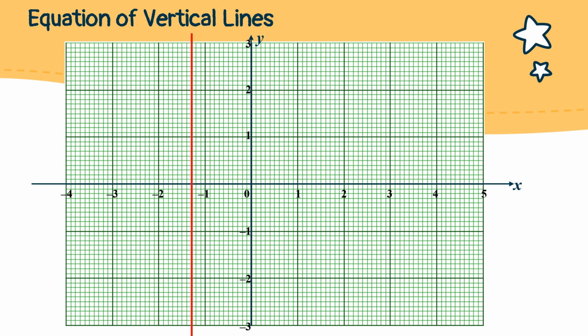What about the equation of this next line here? We have negative 1, negative 1.1, negative 1.2, and negative 1.3. Now this negative 1.3 is actually on the x-axis, so we will call this x equals negative 1.3, and that's the equation of this vertical line.